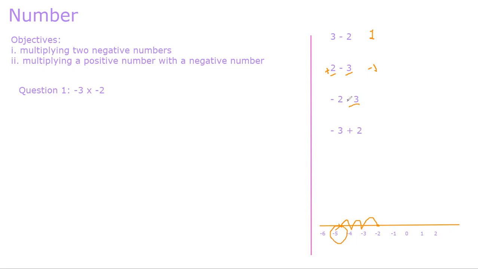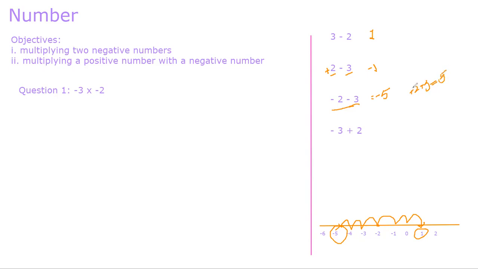If the question was minus 2 plus 3, for addition, we would have moved to the right side. So the answer in that case would have been 1. But in this case, the answer is minus 5. Another simpler way is to consider plus 2 plus 3, which would be equal to plus 5.